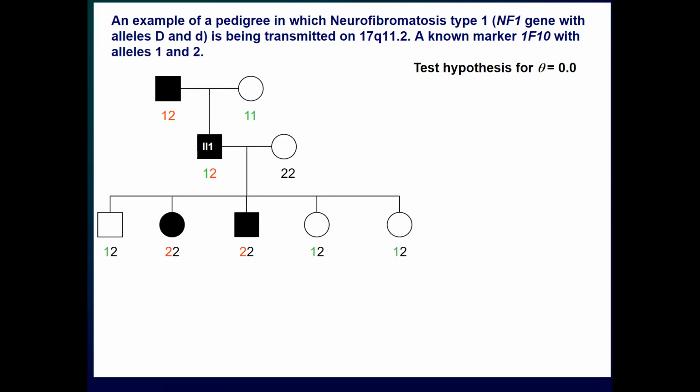But if you think about it, because we covered that recombination is essential for chromosome segregation, and it occurs during meiosis, you do expect recombination. So theta equals 0 is not really a very good starting hypothesis, but it will help us step by step to estimate the LOD score, and then we will see how the LOD score is estimated when theta is not 0, when we test the hypothesis that theta is greater than 0.